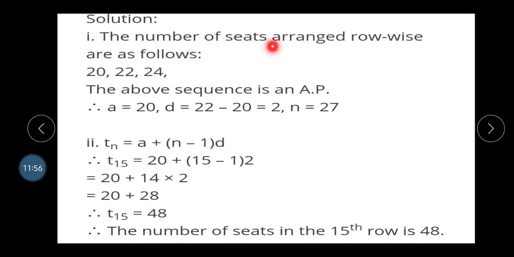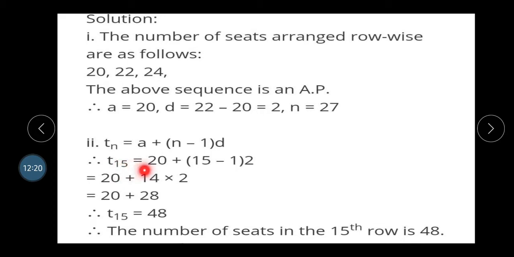The number of seats arranged row wise are as follows: 20, 22, 24. The above sequence is an AP. A is equal to 20, D is equal to 22 minus 20, that is 2, N is equal to 27. The nth term we are finding, Tn is equal to A plus n minus 1 times d.